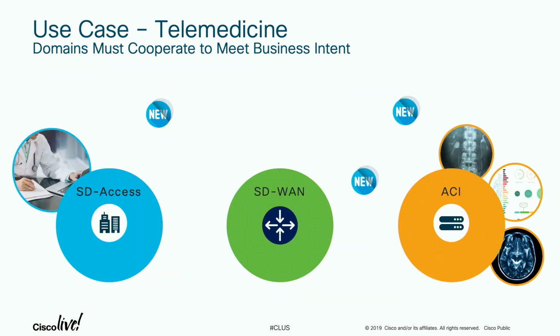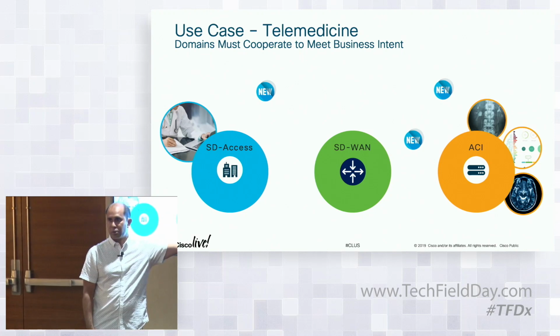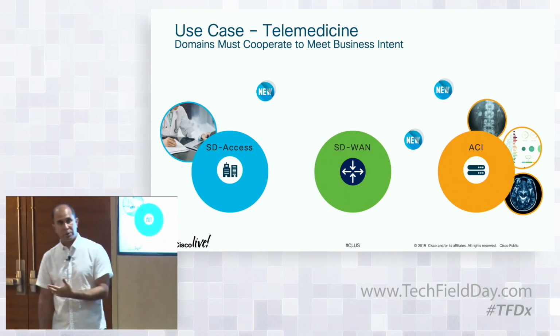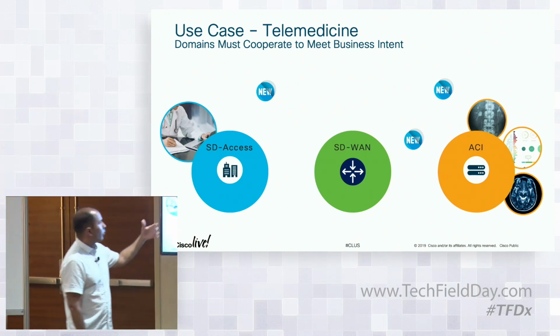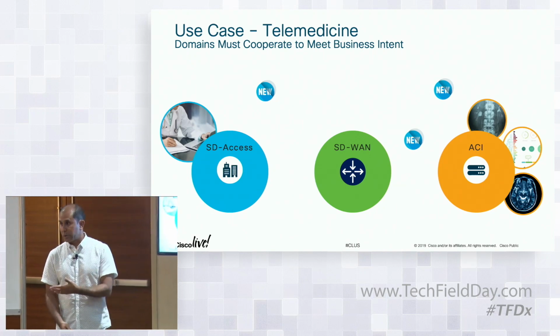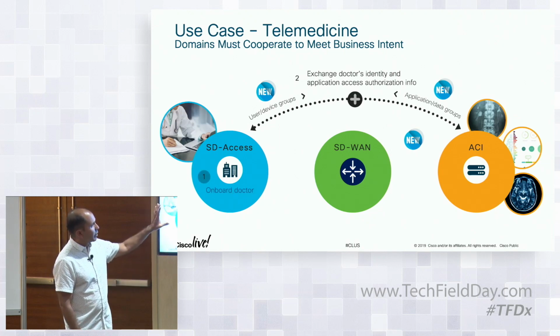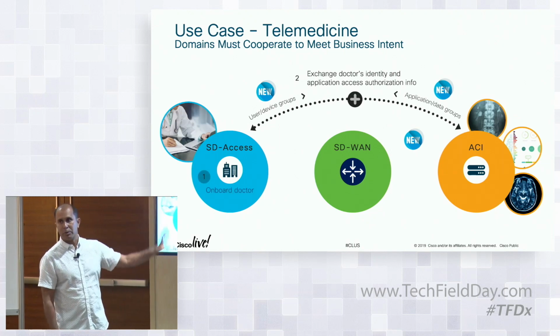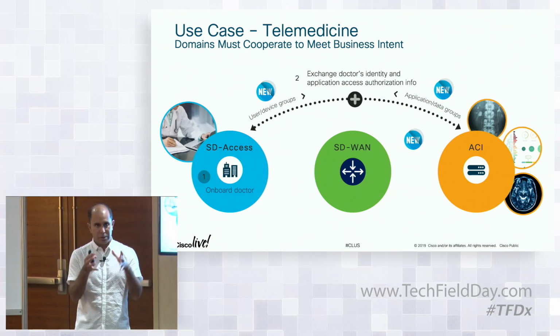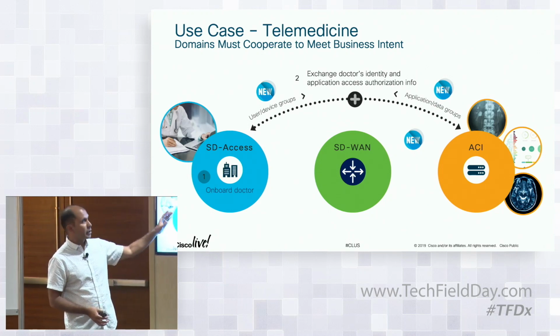So as an example of a use case where we have doctors accessing medical records or other information that is reserved for doctors, what we'll see here is that a physician may log in with their laptop or over a wireless device, and that physician will be cataloged. He would be identified as a physician, and we will be knowledgeable of the type of device that they're using to connect.